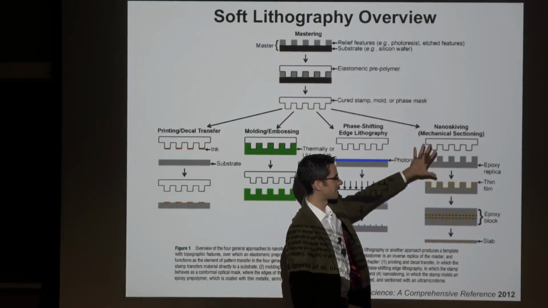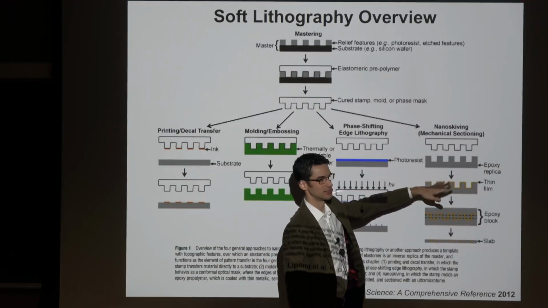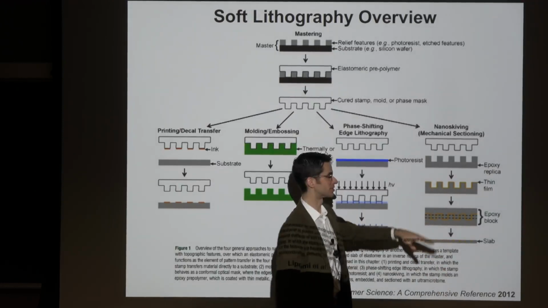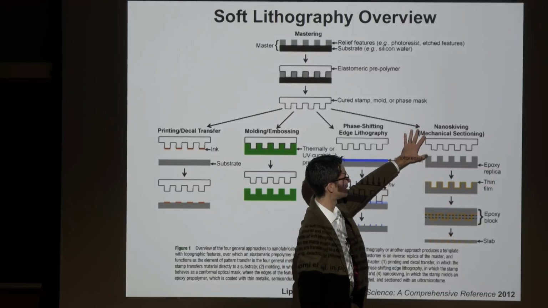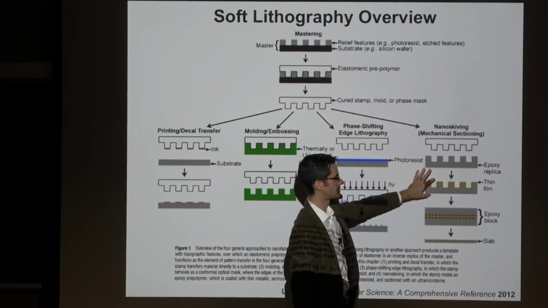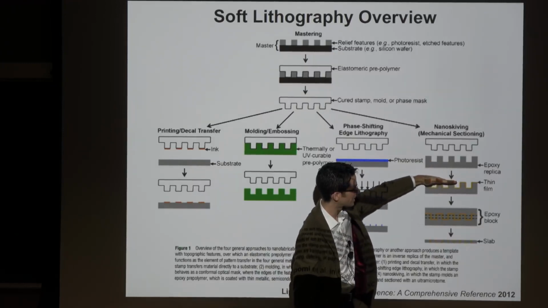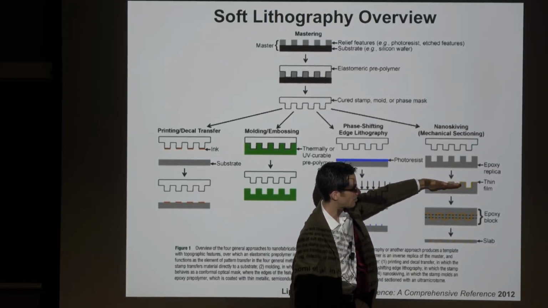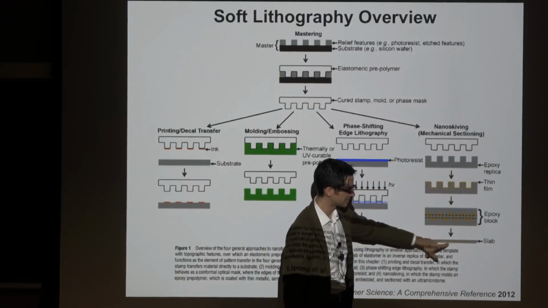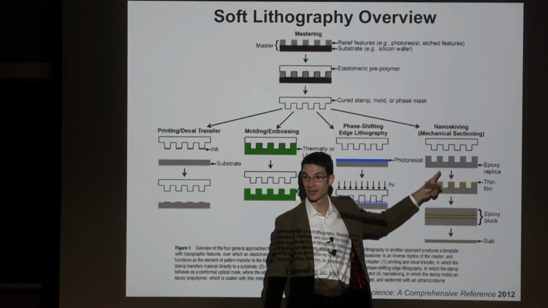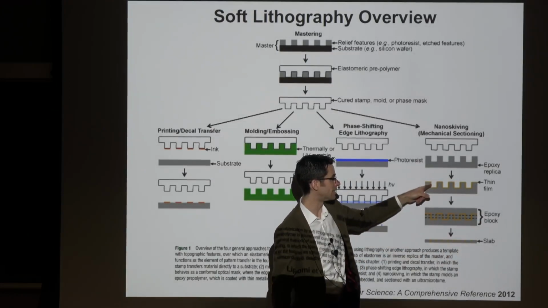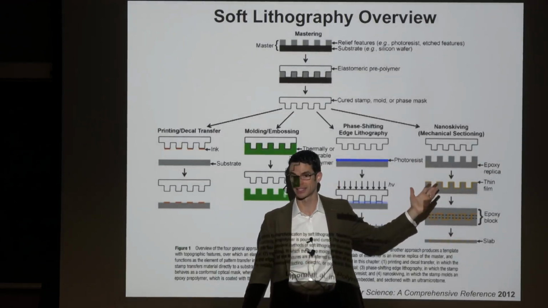This area here is what I did my PhD thesis on, which is using mechanical sectioning to generate copies of structures. So you take the stamp, you make an epoxy replica of the stamp, then you metallize the thin film, then you take a cutting tool and you get like 100 copies out of this by cutting into the plane of the board, and then you get these slices that have features where the lateral dimension was determined by the thickness of what you deposited on the sidewalls.